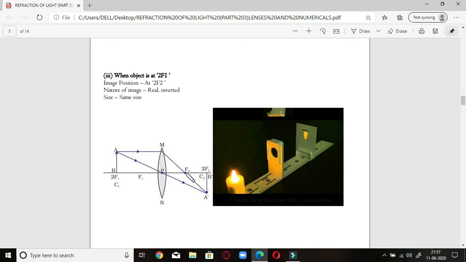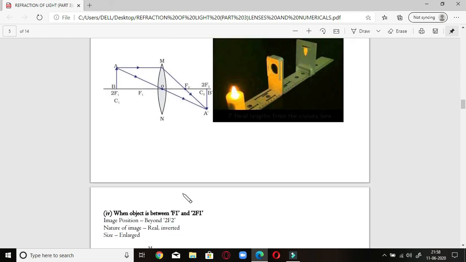Now focus f will be positive, and it is always positive for convex lens. Okay, and this is a v which is formed here, which is also positive. So here in this case, the u is negative, whereas f is positive, and in most of the cases v is positive, but h2 is of course negative. So we have to be very careful while we use it for the numerical problems.